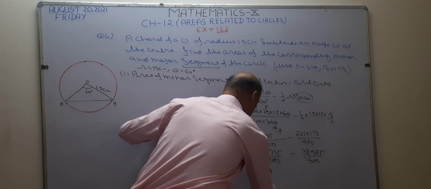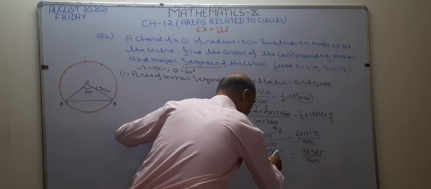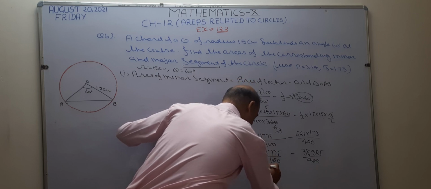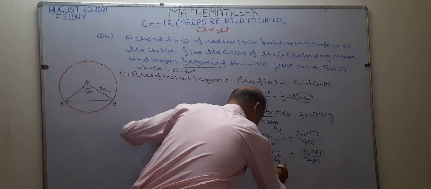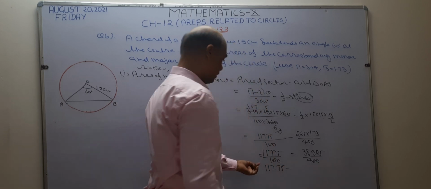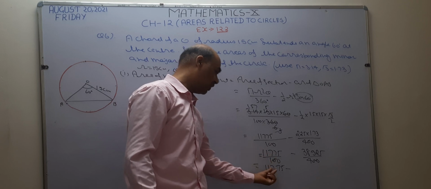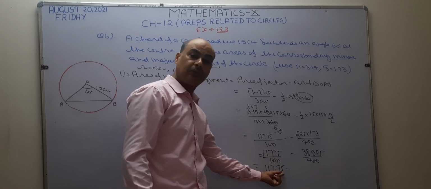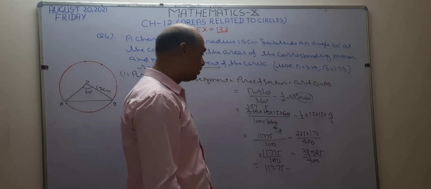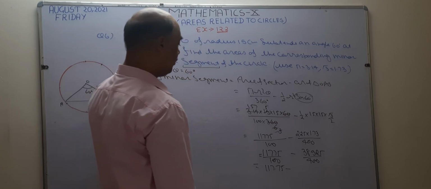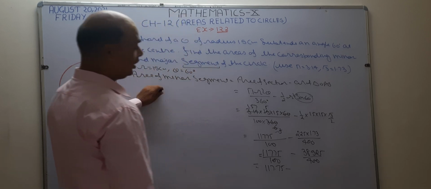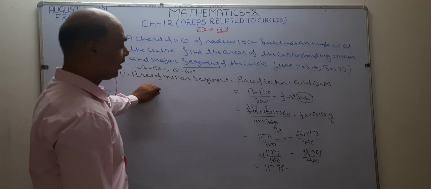Since 100 is there, put the decimal after two digits. So 100 is there, it means you are going to put the decimal here. So the answer becomes 117.75. Now divide 38,925 by 400.